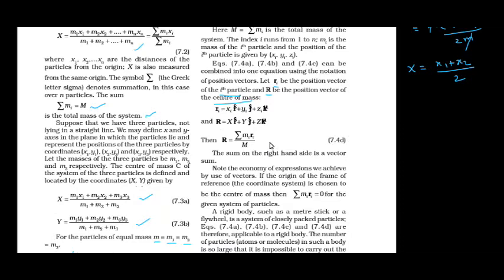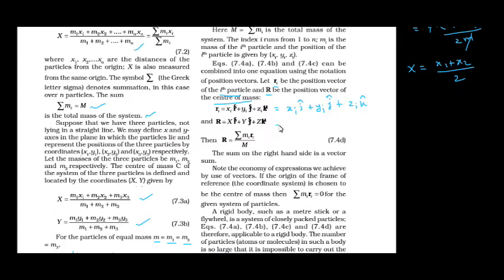In that case, we can write ri, here there is some printing mistake. So ri is equal to xi unit vector i plus yi unit vector j plus zi unit vector k.